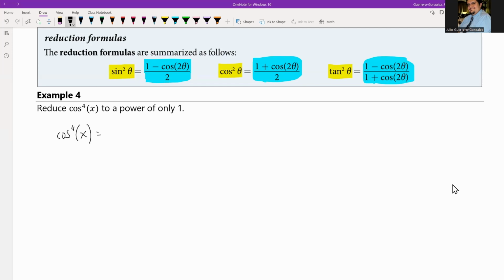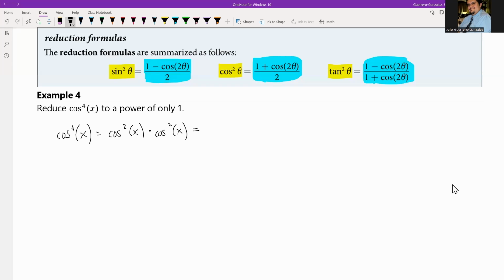So cosine to the 4th, right, is the same thing as saying this, right? Cosine squared of x times cosine squared of x. Okay, I can split a power into 2 multiplications, right, where the powers just add up to the other power. In this case, 2 plus 2 adds up to the 4th power, okay?